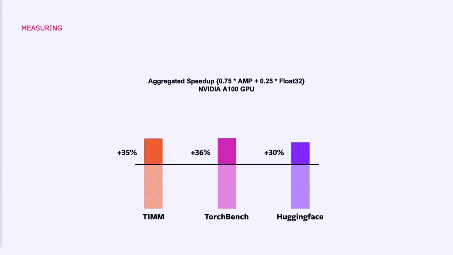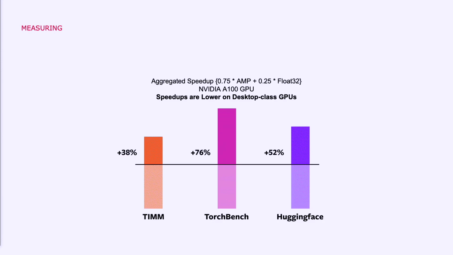The way we could do an aggregated speedup is 75% of AMP and 25% of float 32. That's something we established when we started this effort. It's not something we did post hoc. Now, caveat: these speedups are on A100 GPU. If you try it on a desktop GPU like an NVIDIA 3090, the speedups are going to be slightly lower.